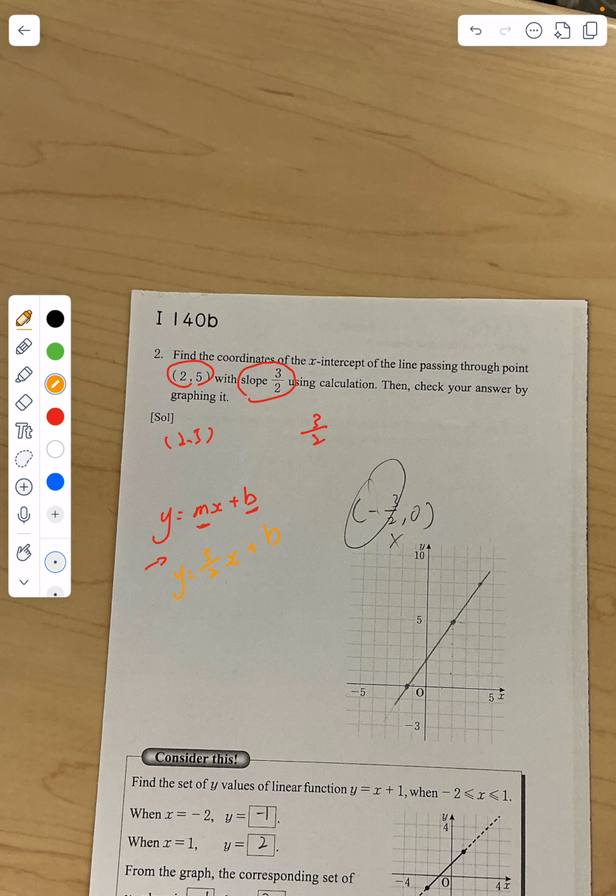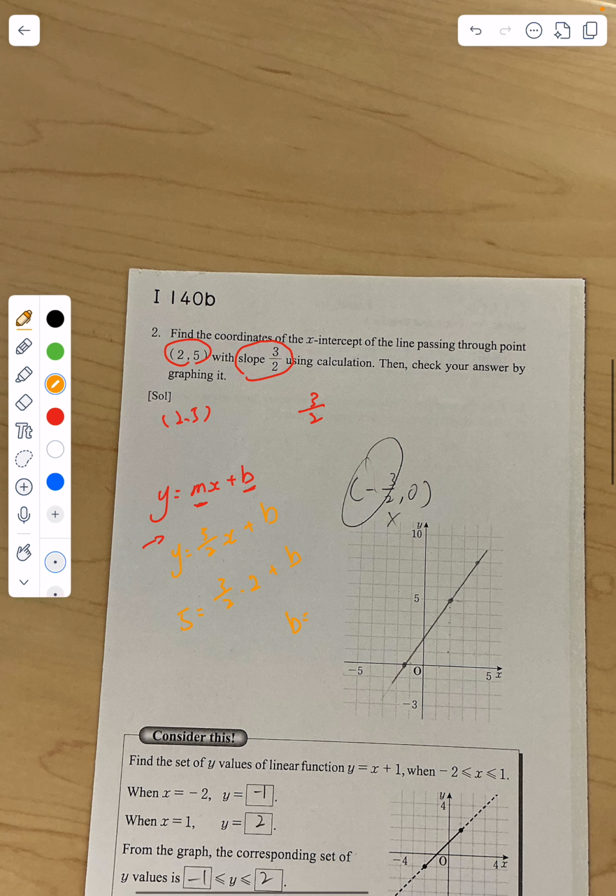Sub the point (2, 5) into x and y: 5 equals 3 over 2 times 2 plus b. What's my b? Positive 2. So now my whole equation looks like y equals 3 over 2 x plus 2.